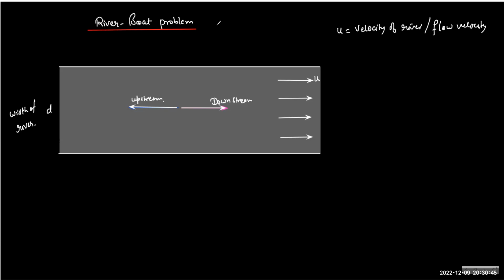Similarly, when you swim, or you can propel a steamer, a boat, or go kayaking, your motion is with respect to the water surface, not the ground. Every moving object has the ability to swim or move with respect to the water surface, not the ground frame. And here the water surface itself is in motion.